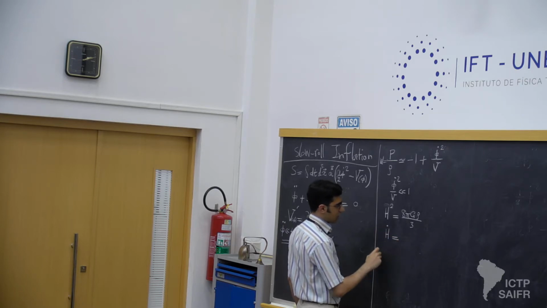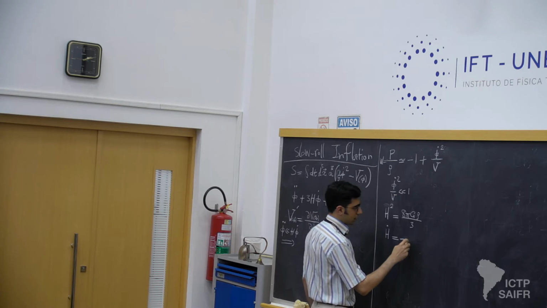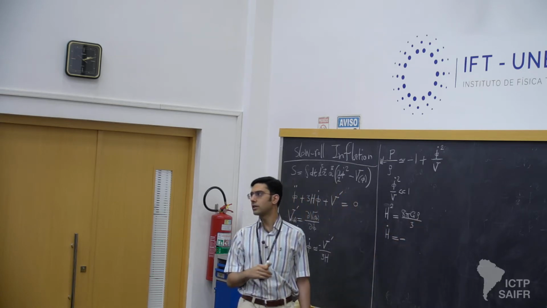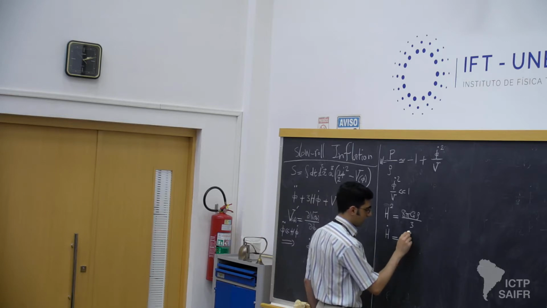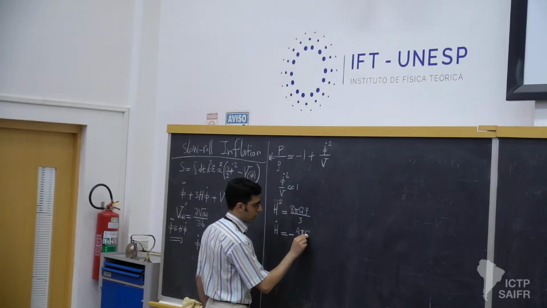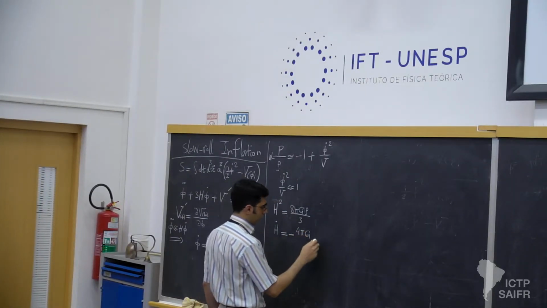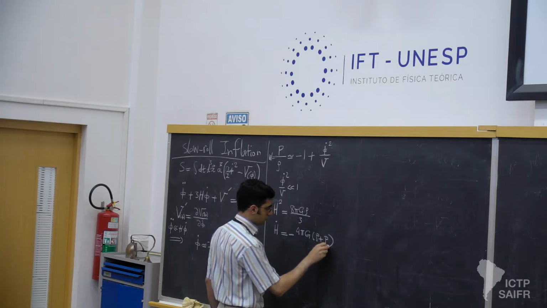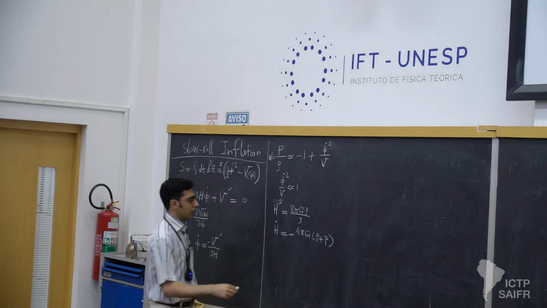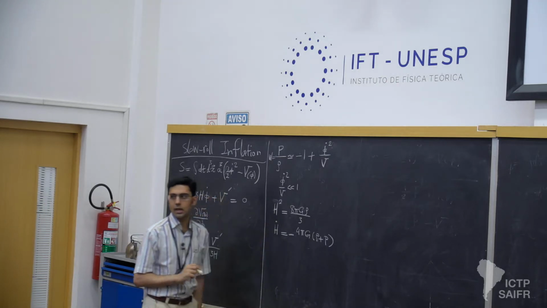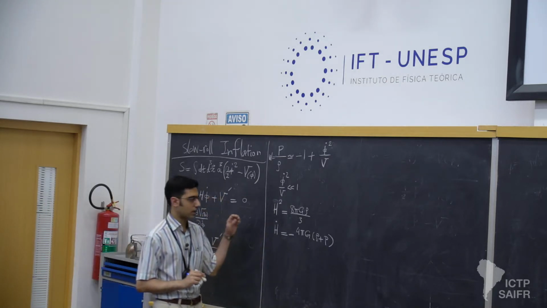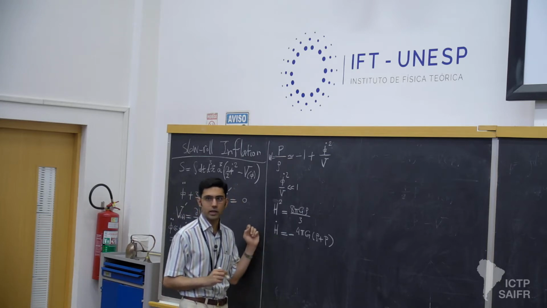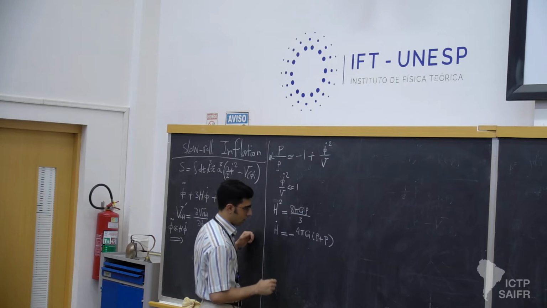H dot is going to be given by, I'm just taking the derivative of this and using the energy conservation equation, H dot equals minus 4 pi G times rho plus p. After I take the derivative of this and use the conservation of energy, the fact that rho dot is given by minus 3H times rho plus p.